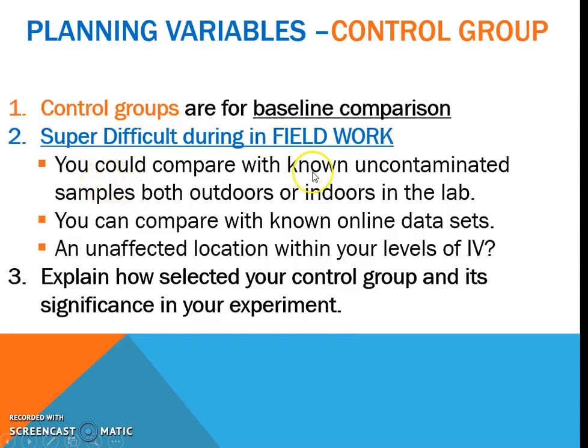You could compare to some sort of uncontaminated version of doing something in a lab, maybe an online known amount of something, like a biodiversity in a really healthy area that you find online, that the government has done that check, or maybe I have an unaffected location within my different levels of my IV that I'm using as a comparison. You should maybe, if you're stuck on this, talk to me in class because I'd like to help you with it. But either way, you should justify why your comparison group is used for comparison, even if it's something that you don't yourself collect as data and you find online.